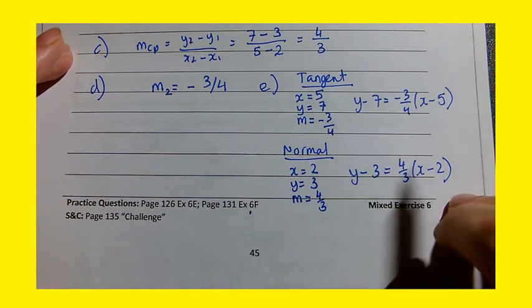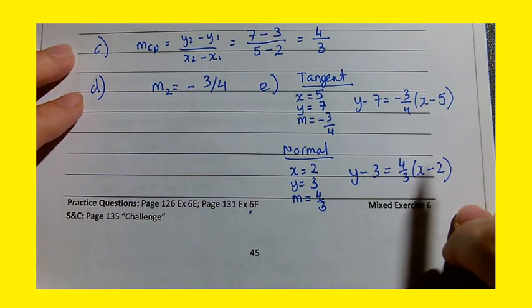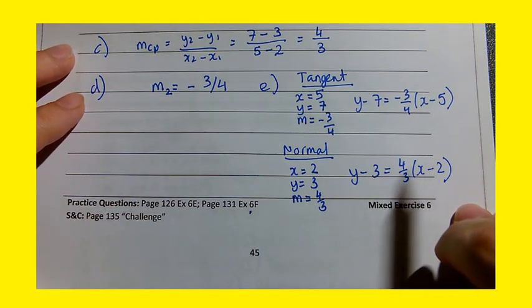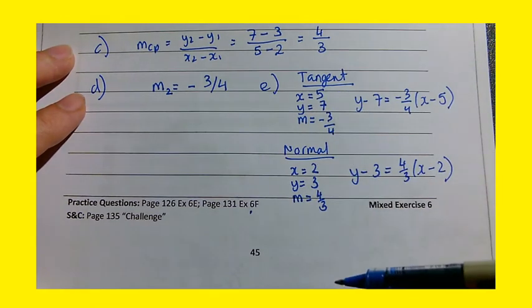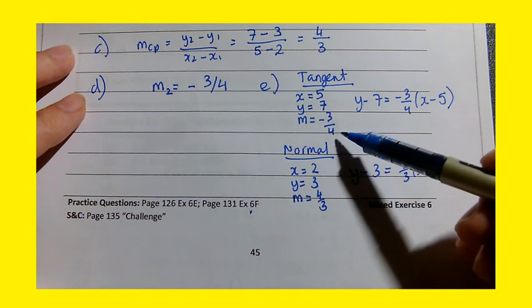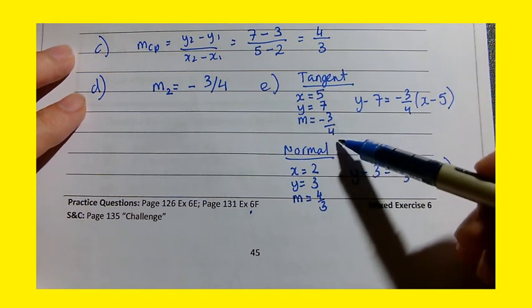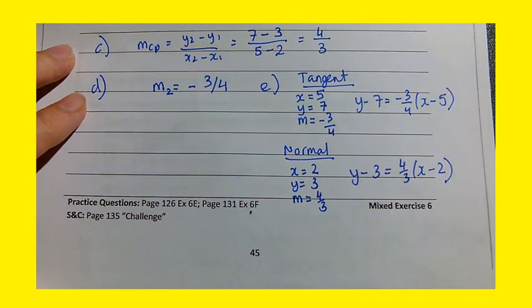As I said, you'll be finding the equation of tangents and normals to curves later on in the course. So it's very important that you remember tangents and normals of straight lines. You need the three things, and how do you find those three things? If it's from the information, easy peasy. If you have to find gradients and do the negative reciprocal, then that's a bit more work. Okay, that's the end of the video. Good luck.